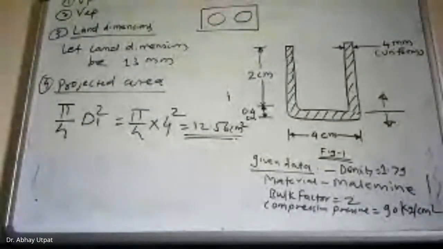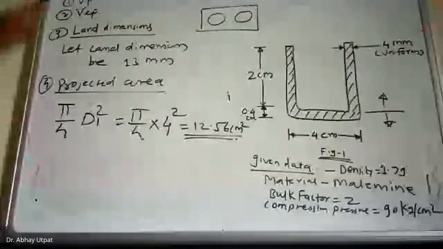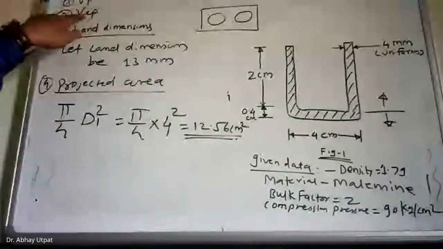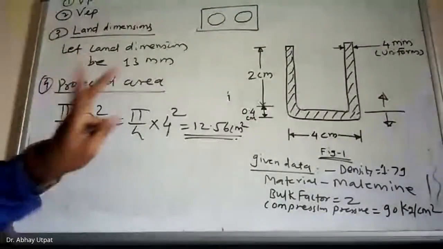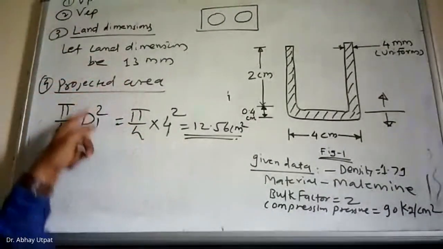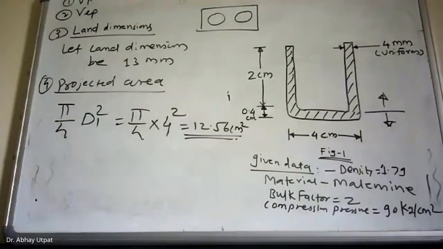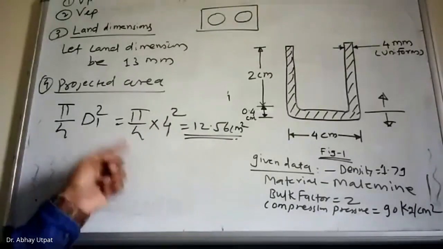Projected area. One by one we are covering all the parameters of compression mold. Volume of part we have calculated, volume of loose powder we have calculated, land dimension we have assumed, not calculated, assumed. Projected area we have calculated. Now depth of loading chamber. I hope you are understanding this concept.